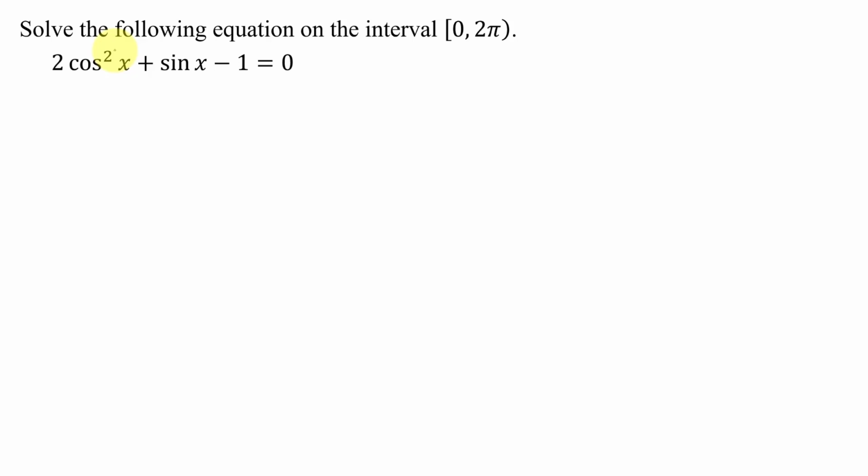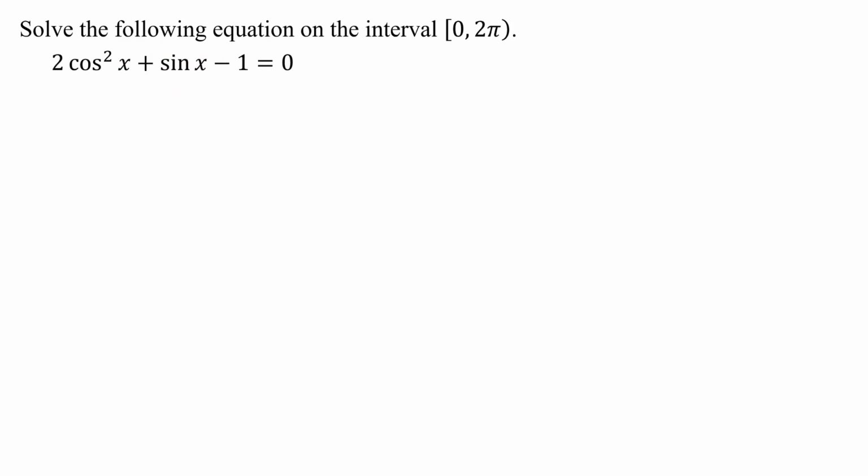Now, when you have more than one trig function in an equation, you want to separate them if possible by factoring. That's not going to work in this case. So what I'm going to have to do is rewrite this equation in terms of just one trig function. Now, it's much easier to rewrite cosine squared x in terms of sine squared x than it is to write sine x in terms of cosine x.